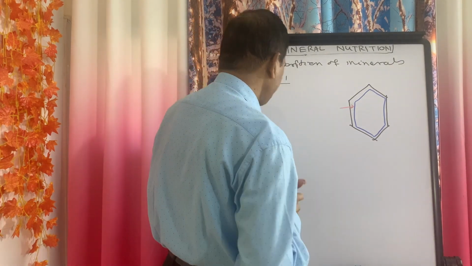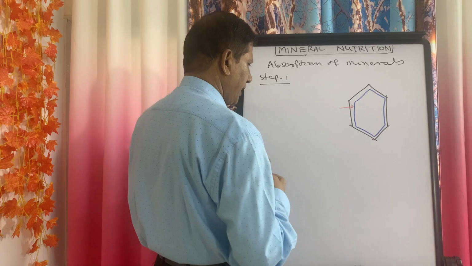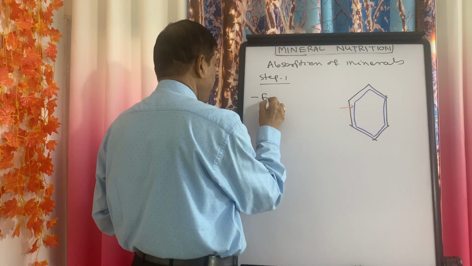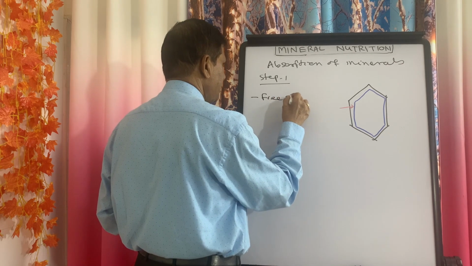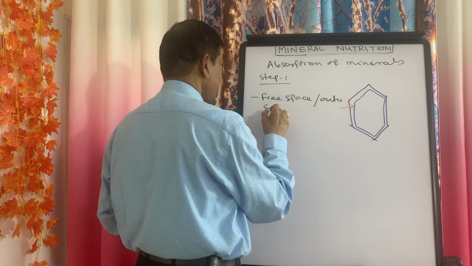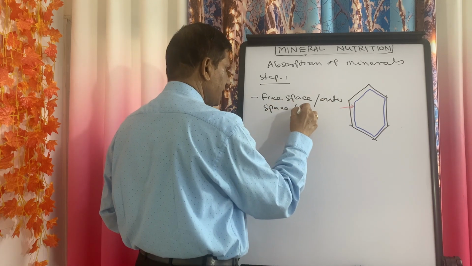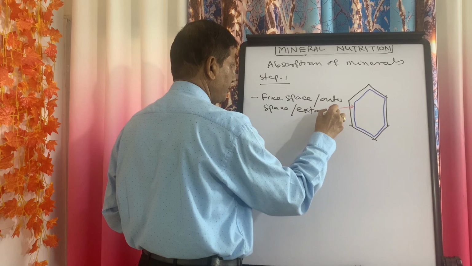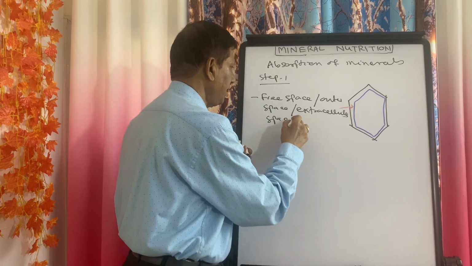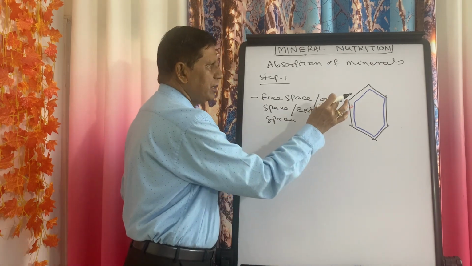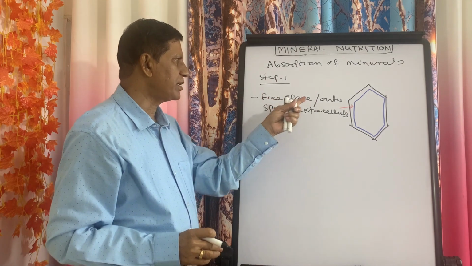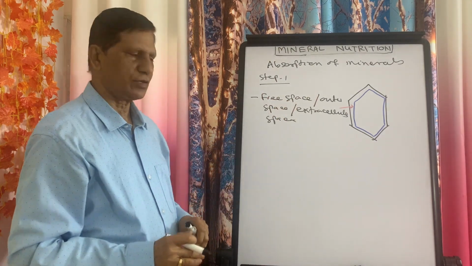In this step 1, it enters into the free space, or we can call it outer space or extracellular space. That means from the soil it enters into the space in between the cell wall and cell membrane, which we will call a free space, outer space or extracellular space.